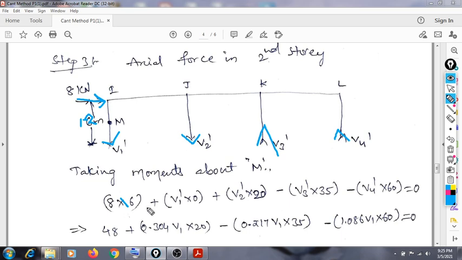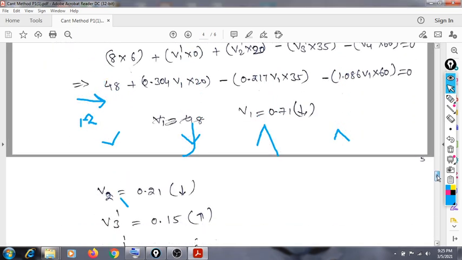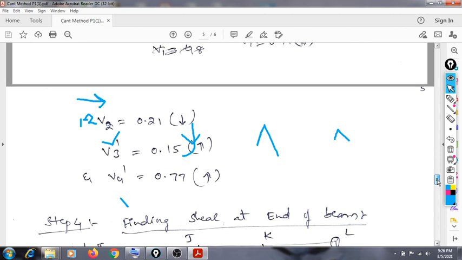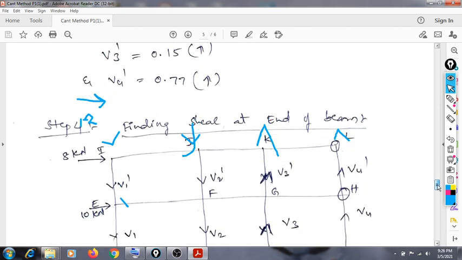This is correct. So 8 into 6 plus V1 into 0 plus V2 dash into 20 and minus V3 dash into 35 and minus V4 dash into 60. Similarly we get the values of V1 dash, V2 dash, V3 dash and V4 dash, and we are substituting in the same.